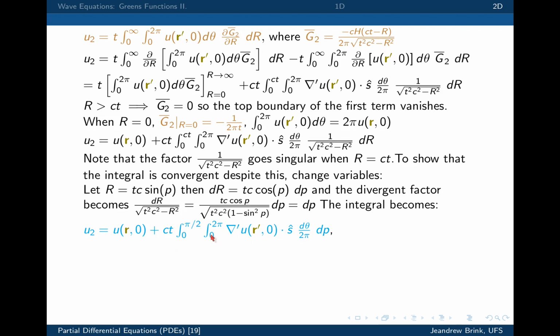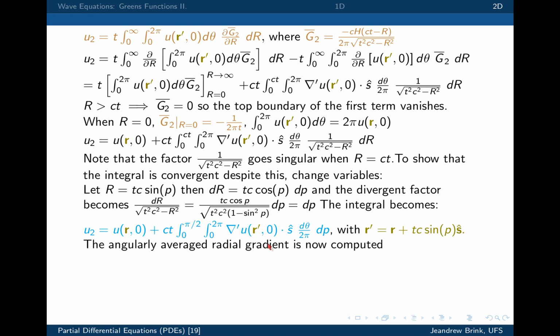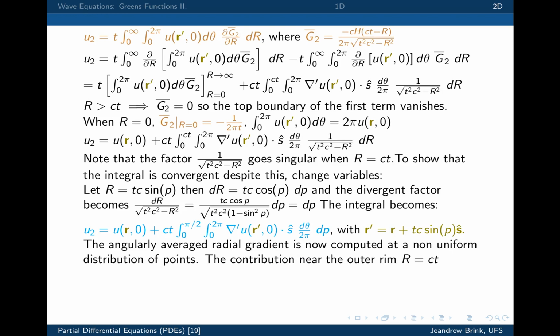Okay, so it's sort of an average gradient times the ct, which is the radius. Okay, so this is basically the angularly averaged radial gradient, and it is computed at a non-uniform distribution of points. Okay, so that's just what I said.